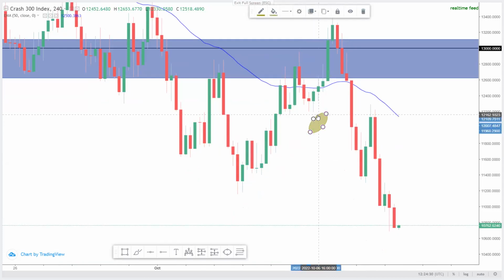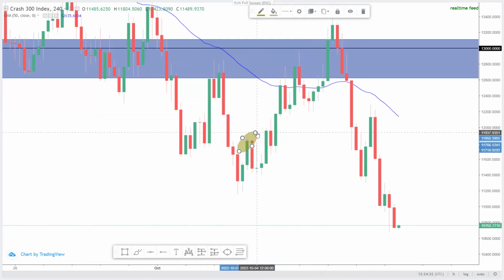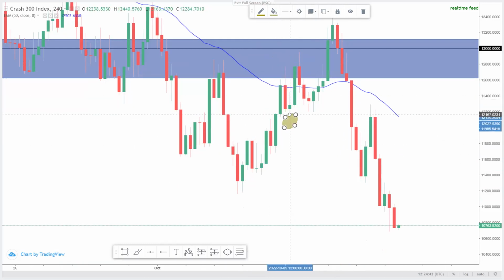So you can clearly see we had a high, we had a low, a higher high, a higher low, a higher high, a higher low, and then a higher high, breaking above the swing high, confirming the shift from the downtrend to the uptrend.